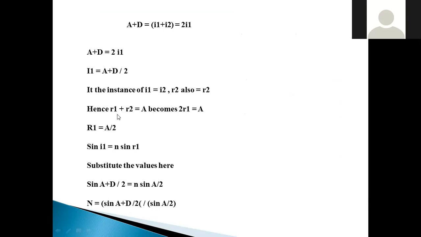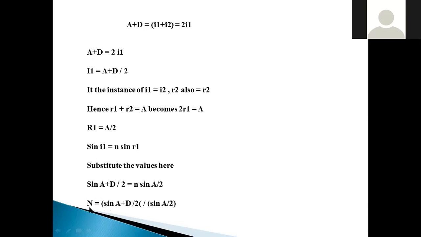And we already got the derivation that R1 plus R2 is equal to A, the angle of prism. Then R1 is taken as A by 2. When we substitute these two in the equation sine I1 is equal to N sine R1, the sine I1 value will be (A plus D) by 2 and the N sine R1 value is A by 2.